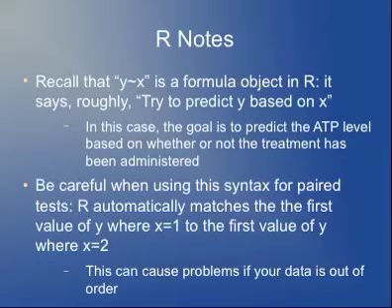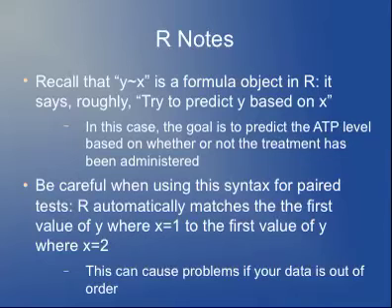As you'll recall, when you use this little twiddle in R, that's a formula object. We've seen this once before when we were computing the side-by-side box plots. As you'll recall, if we wanted to compute a box plot of the pre-treatment data versus the post-treatment data, we could have said boxplot y twiddle x.